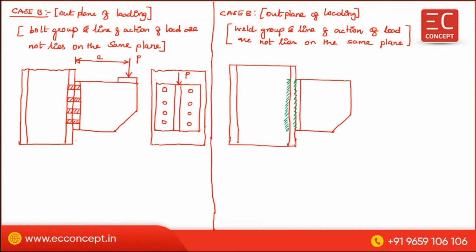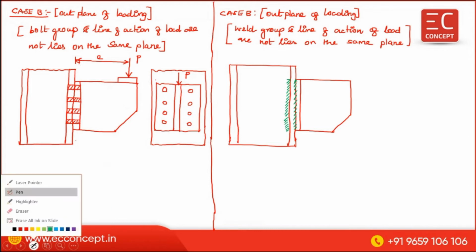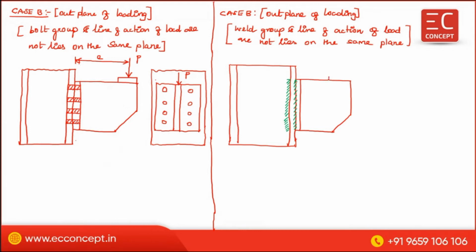Okay, now this is the load P which is acting, and this is the centroid of the weld. The distance between these two is equal to the eccentricity E. If you see this in the side view, then you can see such kind of diagram, similar to this only, right?